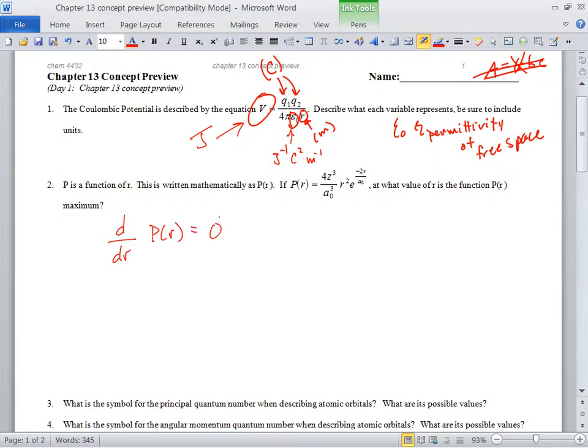Okay, so that can be a you-do. Oh, but do you see, it's not a straightforward one, Jeffrey. Help people out so they'll know what to do. Oh, because of the e to the negative. Yeah, we've got an e to the r. Do you see the problem, Jeffrey? No? I see an r here, and I see an r here.